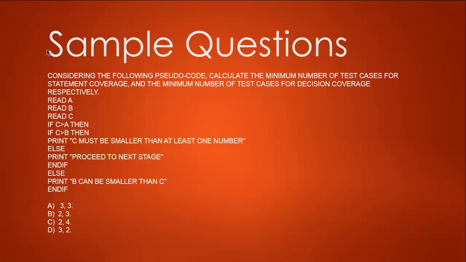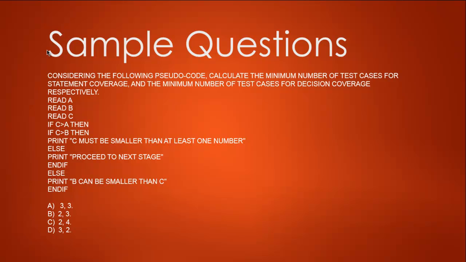As for statement, we are reading one statement for values, second for one loop, and third for another. So 3 for statement and 3 for decision coverage. Okay, so this should give you option for A, B, C, D, out of which 3 and 3. So our answer is A.